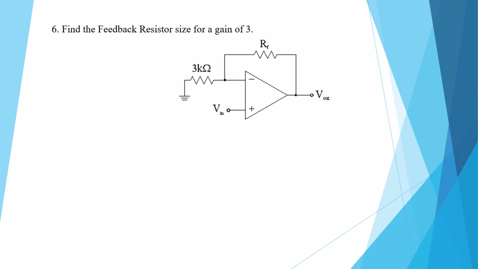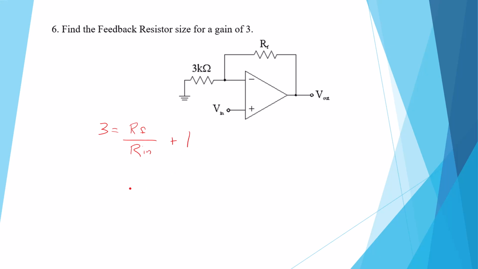Okay, we need to find the feedback resistor for this operational amplifier, and this is a non-inverting amp because we have the voltage going into the non-inverting side. So we have to rearrange our formula a little bit. 3 equals gain, which is RF over Rn plus 1.